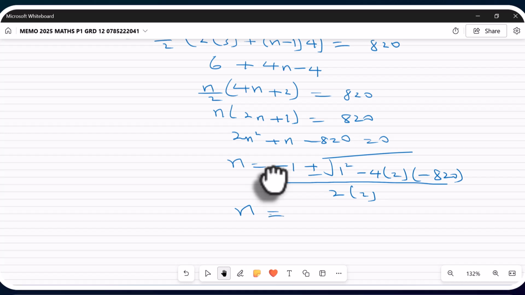I repeat, what you see here is 20, which means the sum of the first 20 terms gives me 820. Now the remaining terms, which give 62275, start from 21 until 117.